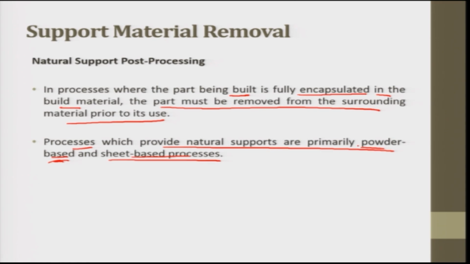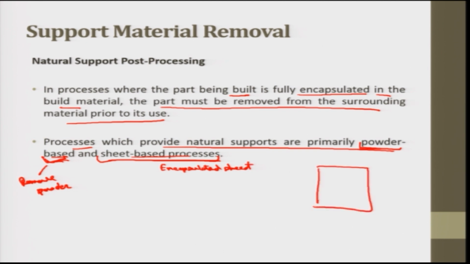So, in powder based and sheet based processes, here we need to remove powder, and in this case we need to remove the encapsulated sheet. This is the sheet, this is the part that is cut from it. This material has to be removed.